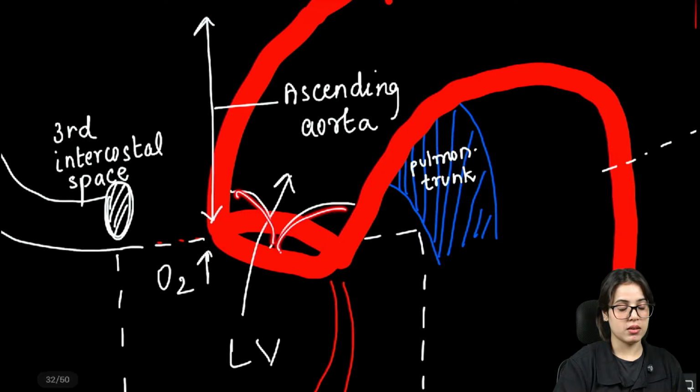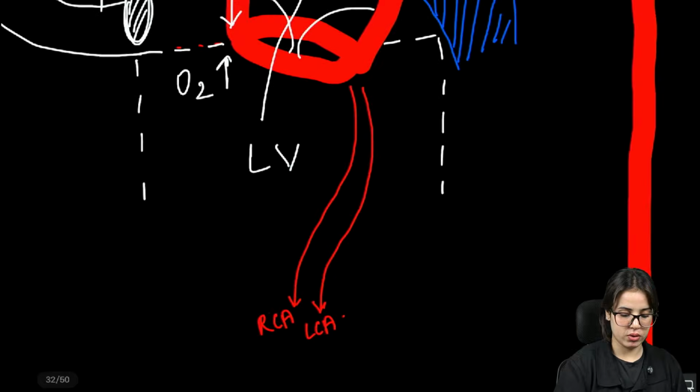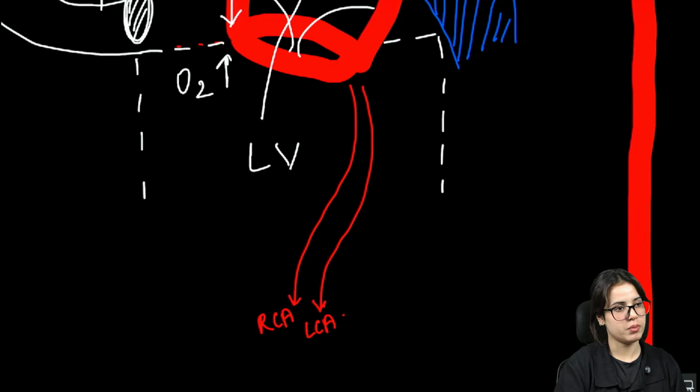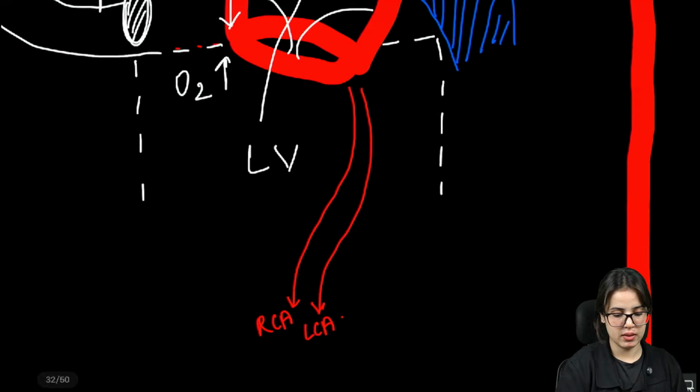These are the cusps, and if you remember, here is the aortic sinus and two coronary arteries come out from here. I've written here, look, LCA, RCA, also come from here. So if you're visualizing this, visualize everything.